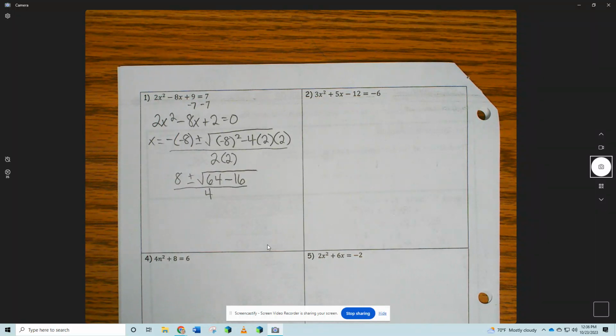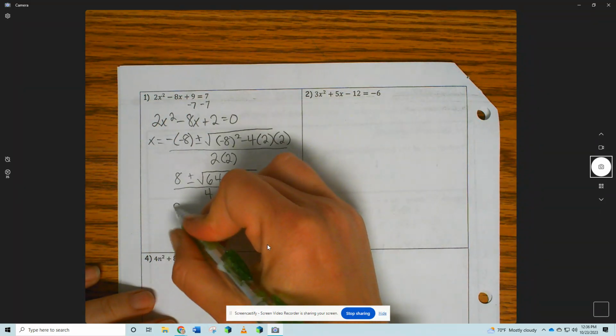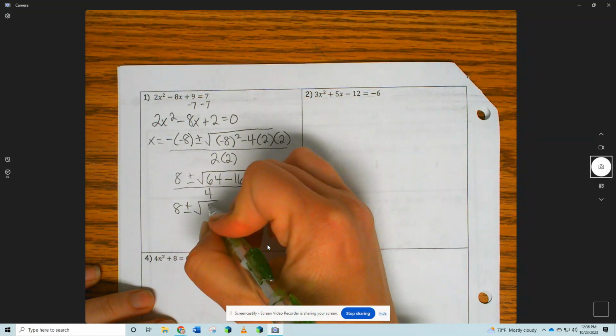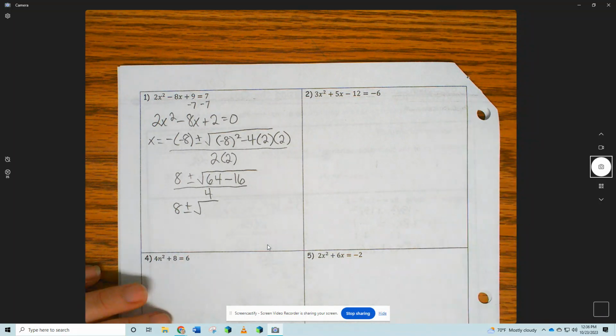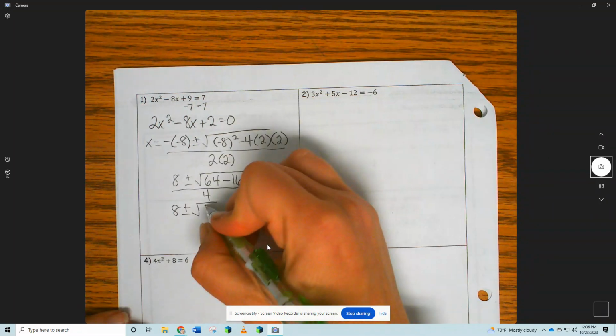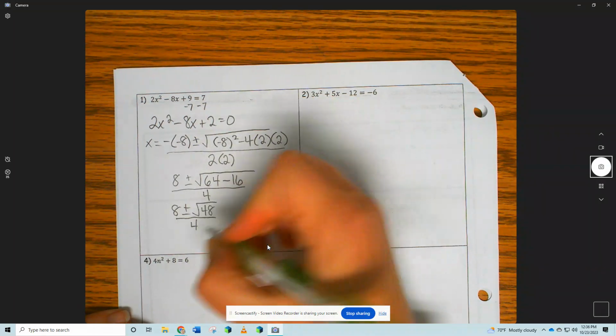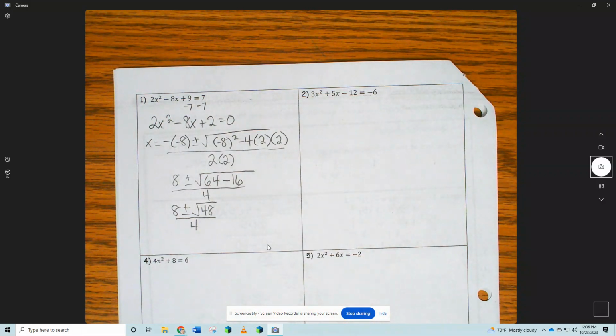This is going to be fine. What's 64 minus 16? 48. I can simplify the 48. 48 has a perfect square in it.